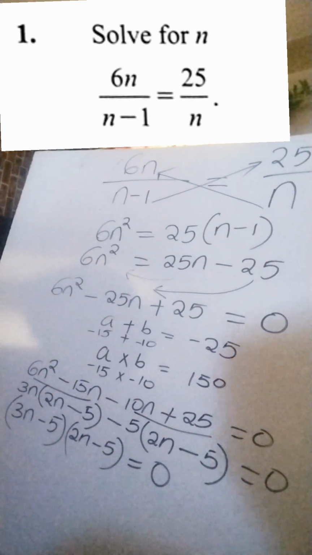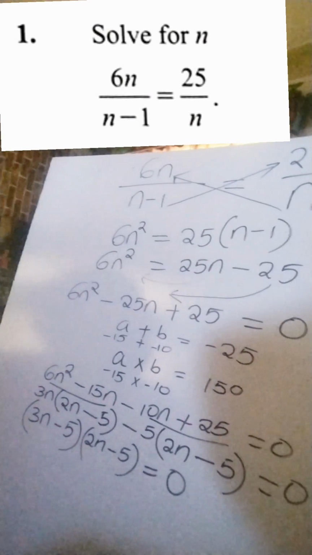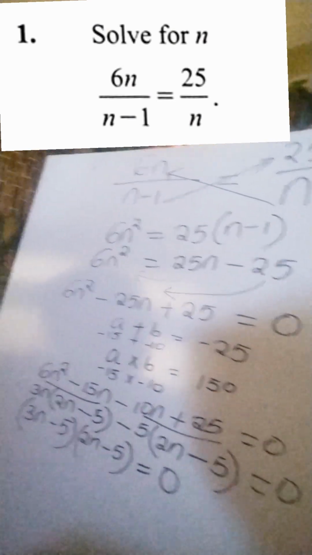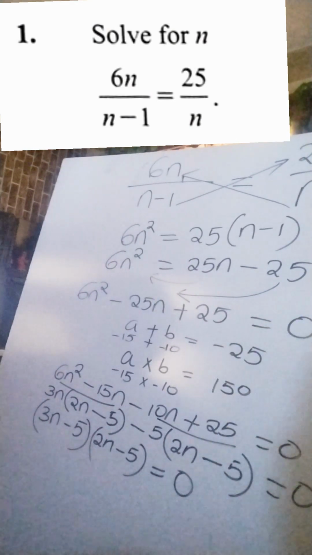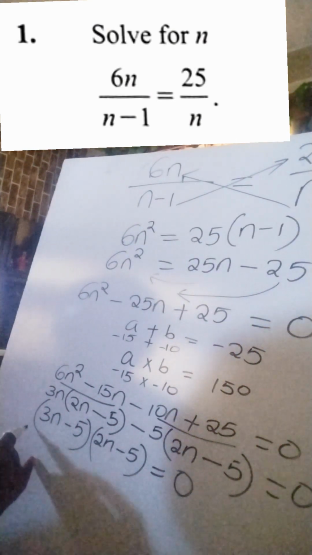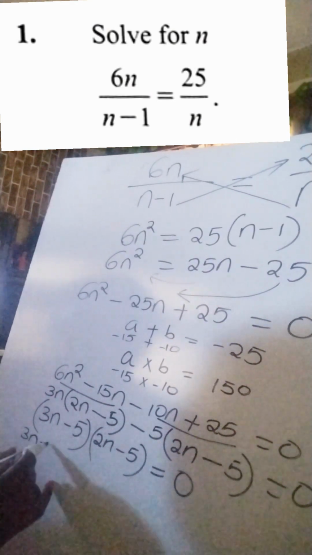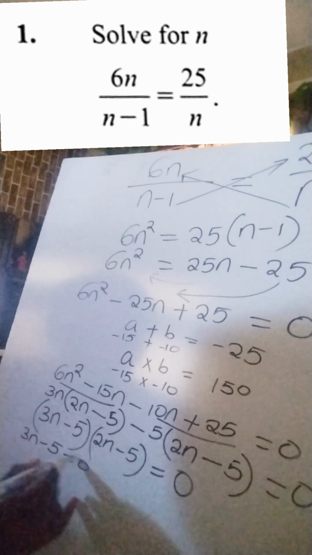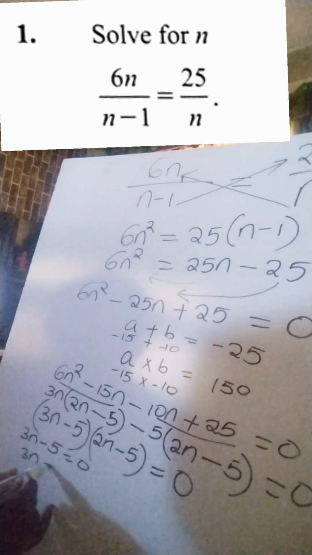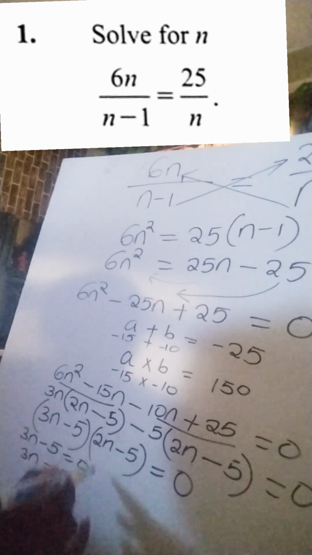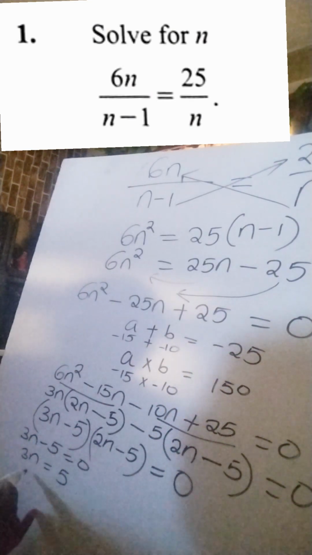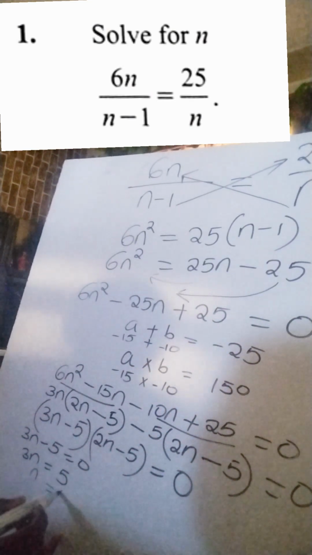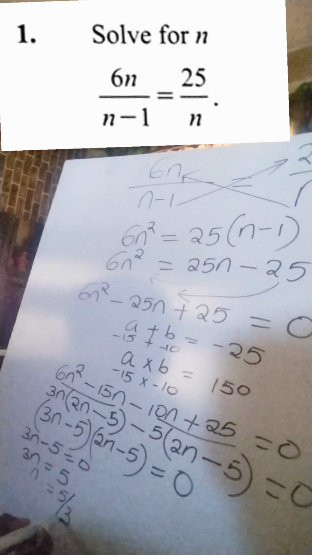Then I pick every bracket. I pick 3n minus 5 equals 0. 3n is equal to 5. When I take negative 5 to this other side, it will be positive. Our n in this case is 5 over 3.